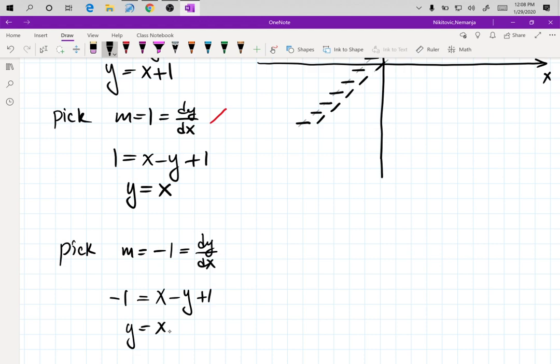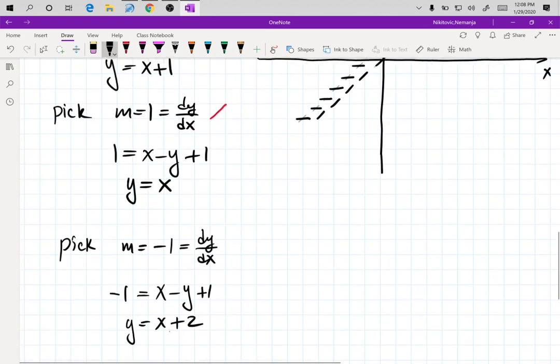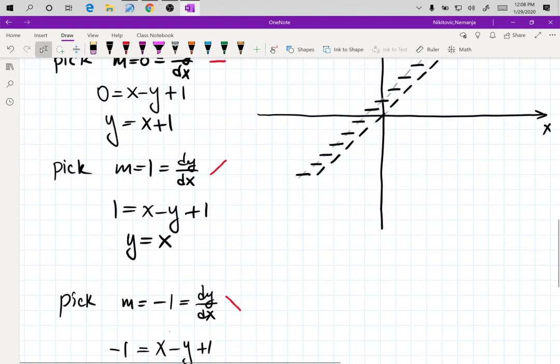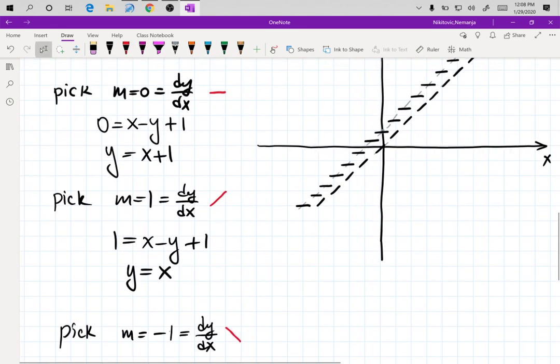Okay. +2. Now the slope of -1 is a reverse 45. We have a line x plus 2.